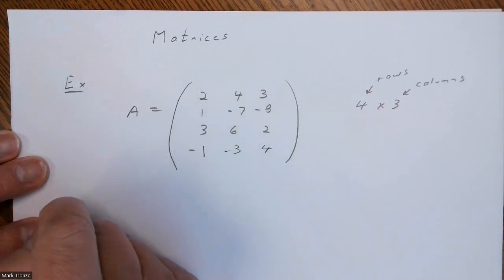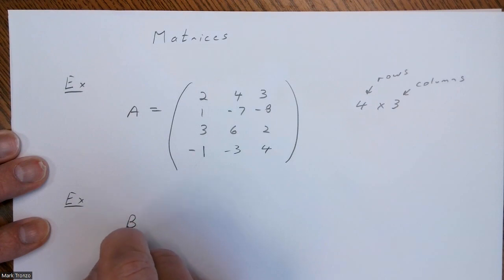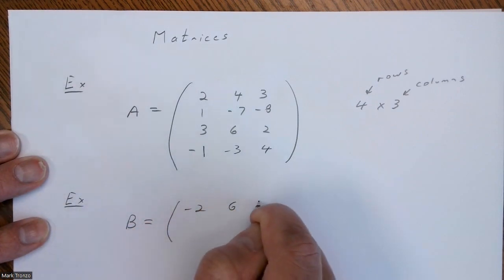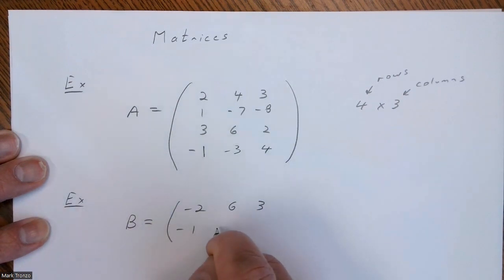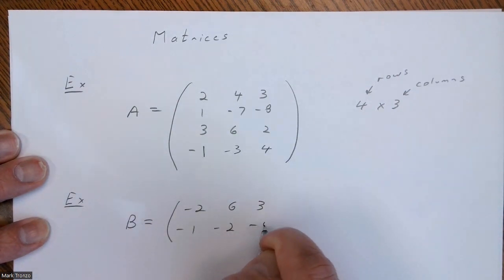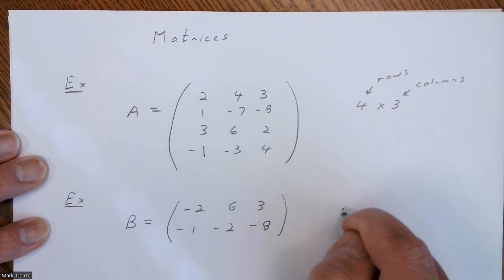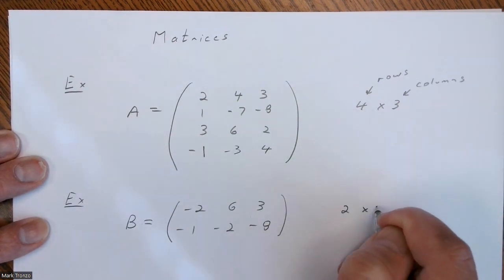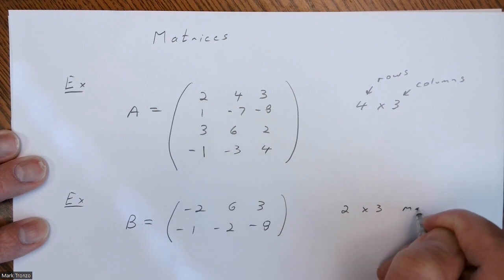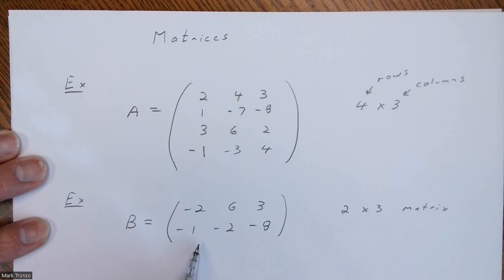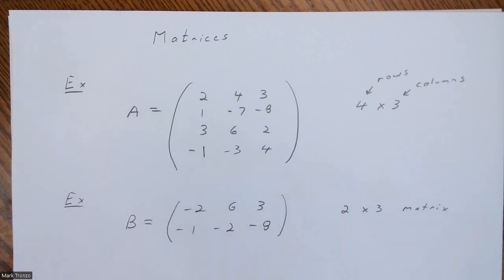So you could have a matrix like this, let me call this B: -2, 6, 3, -1, -2, -8. And this is a 2 by 3 matrix. Once again, it has 2 rows, 3 columns.